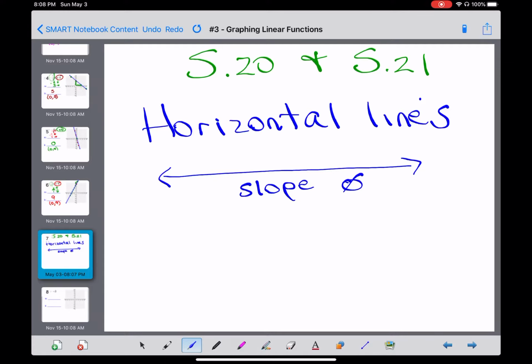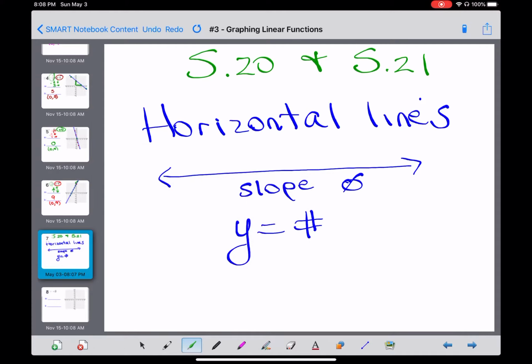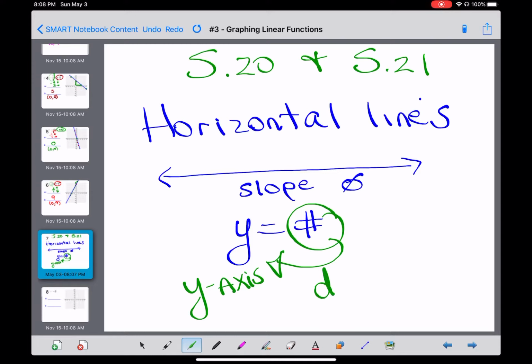When you have an equation, it is always going to be y equals a number. You are going to plot that point on the y-axis. And then you draw your horizontal line.